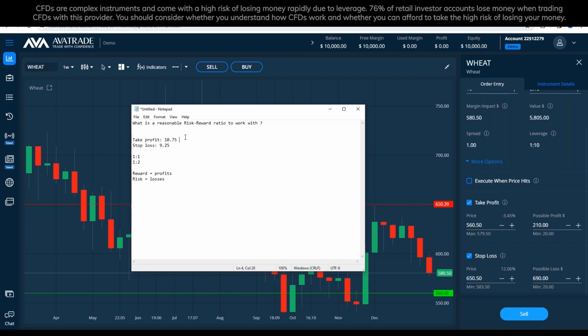It helps me understand my proportions, how much I can gain, how much I can lose, which, by the way, even if you're not using the platform, the web trader, you still want to be able to know that without the platform calculating it by itself. Because that's what happened here, right?